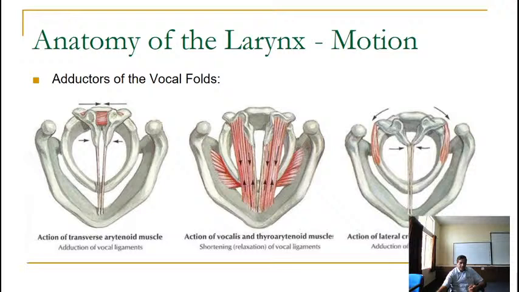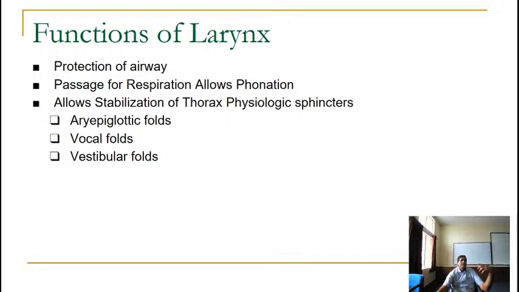Basically they all come from the arytenoid to the thyroid cartilage, and they vary the dimension of the vocal cords. They either lengthen or shorten or alter the bulk of the vocal cord. So basically the adductors and the abductors are the muscles which are important. Of course, the tensors of the vocal cords are also important in speech production.